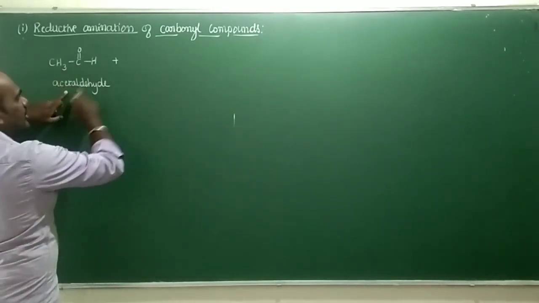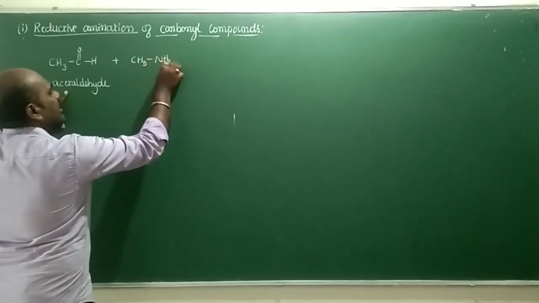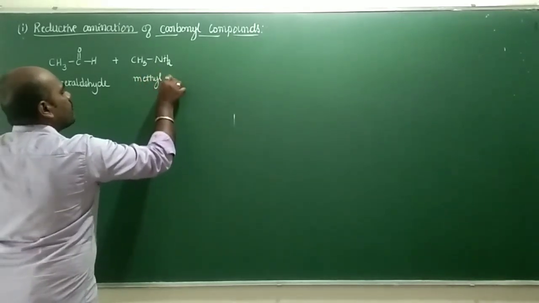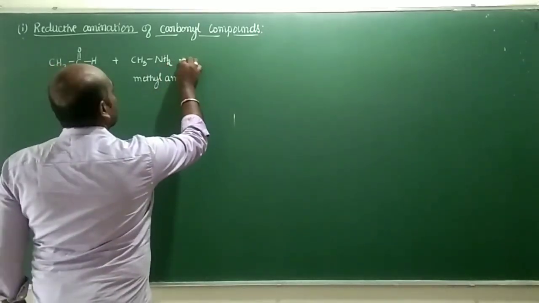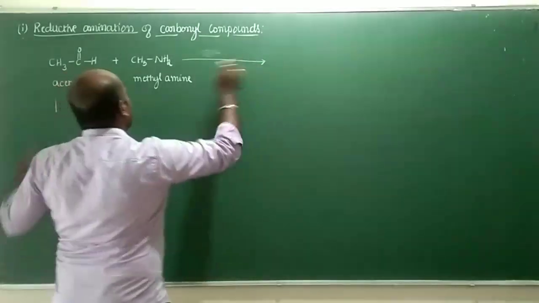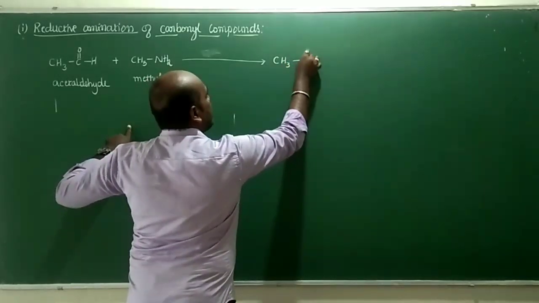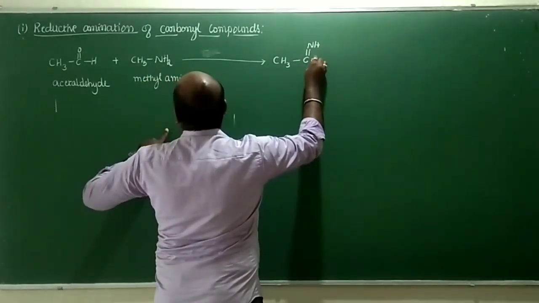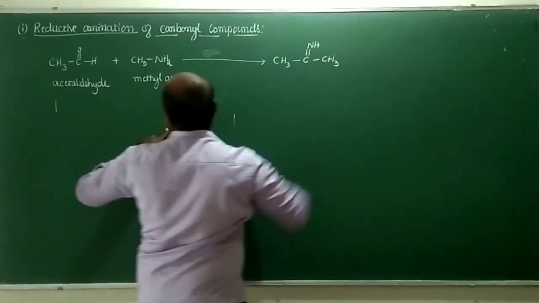So here we have acetaldehyde. If I take a primary amine, here I have taken methylamine. When acetaldehyde is made to react with methylamine, first you react with methylamine, and you are going to get CH3, C double bond N, and here you will be getting CH3.